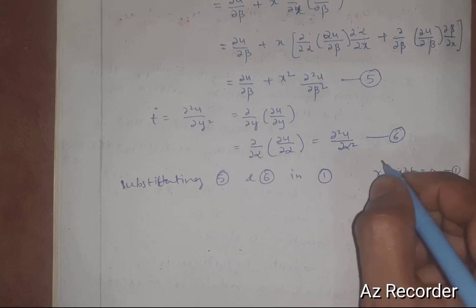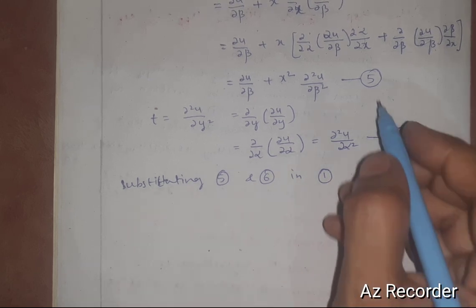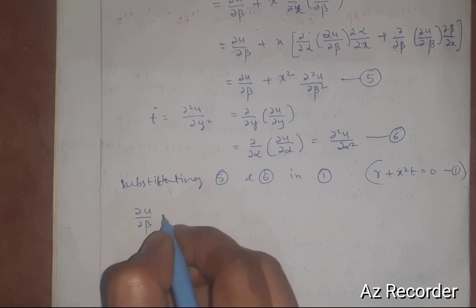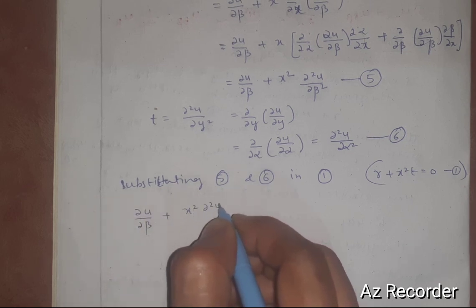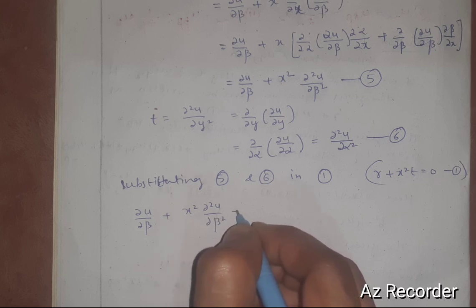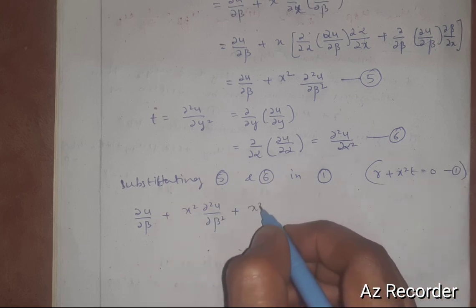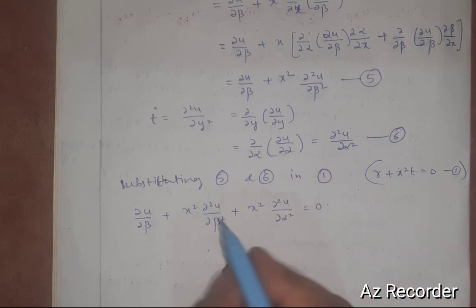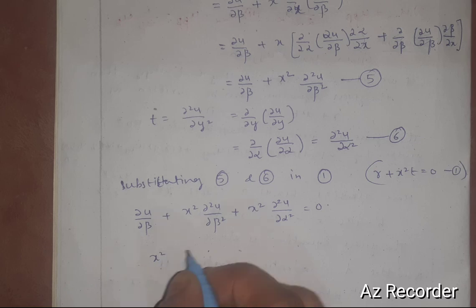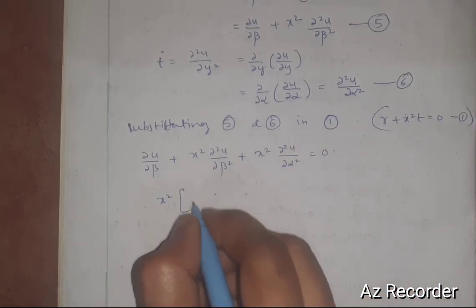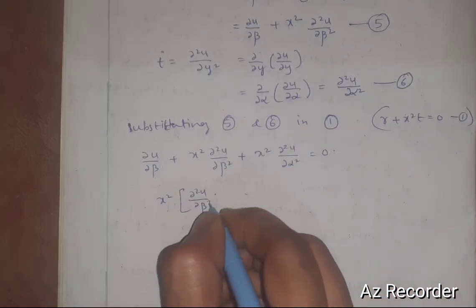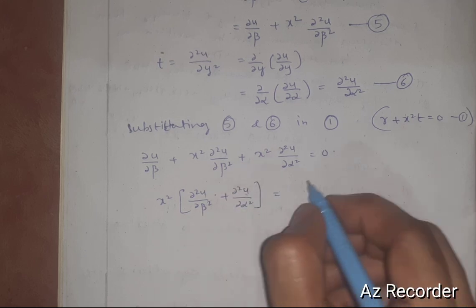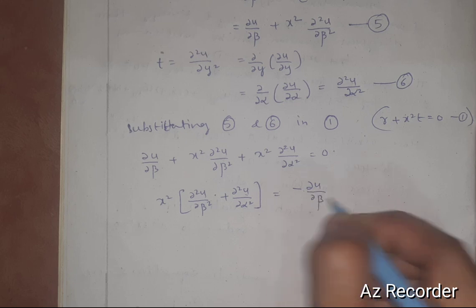So substituting 5 and 6 in 1, I will get ∂u/∂β plus x² into ∂²u/∂β² plus x² into t, it is ∂²u/∂α², is equal to 0. Here x² is common, I will take it out. So you will get x² into ∂²u/∂β² plus ∂²u/∂α², which is equal to minus ∂u/∂β.